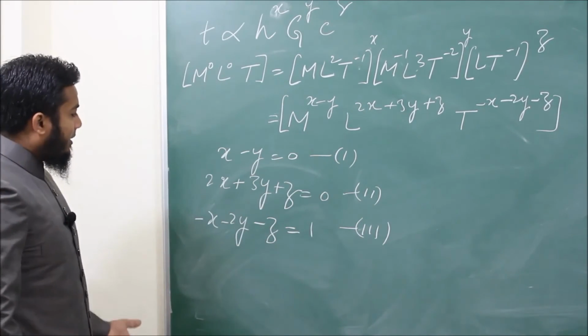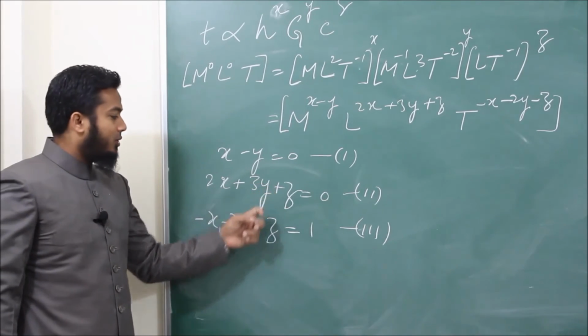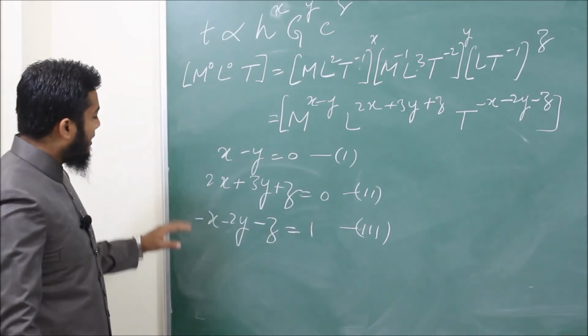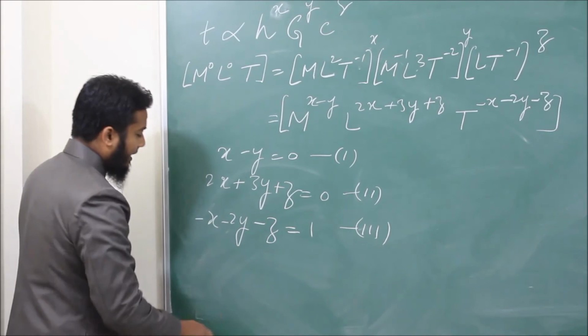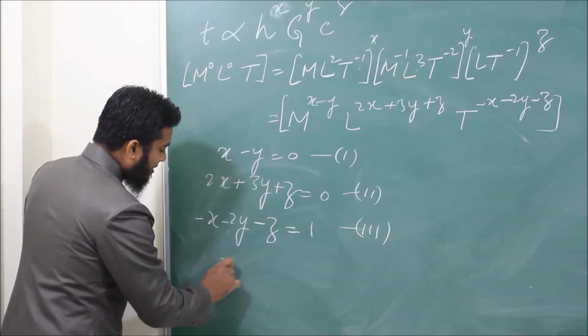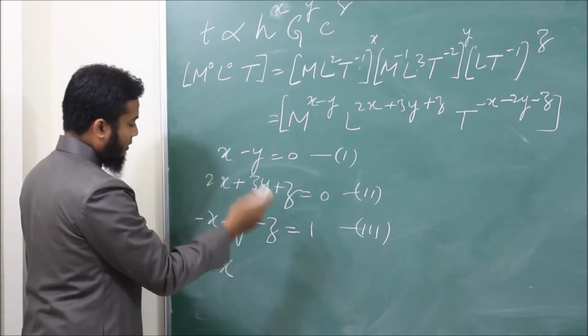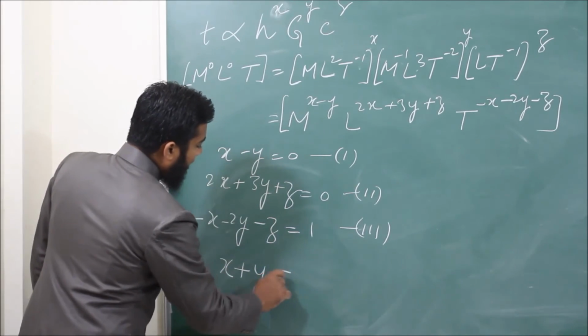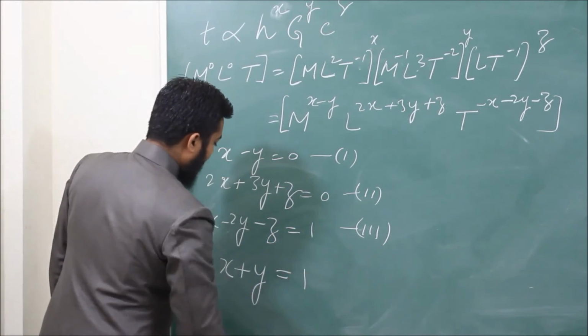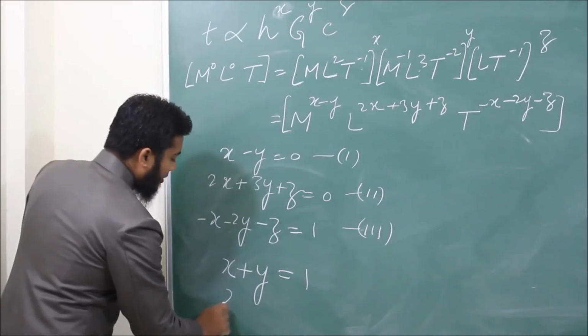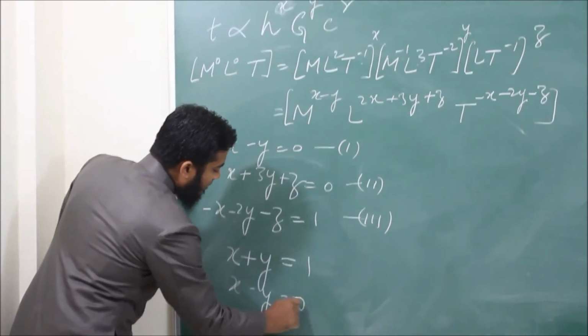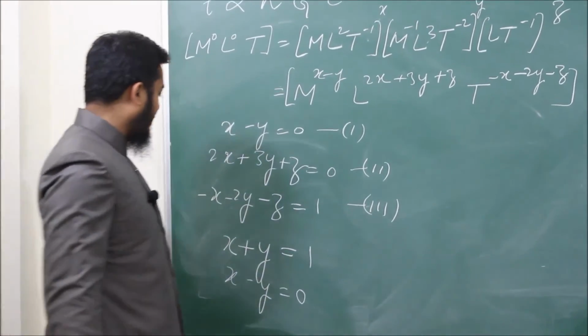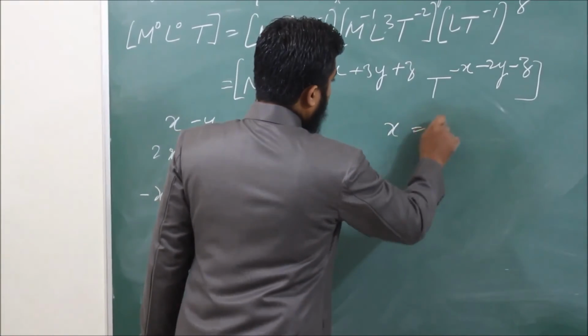Again, the same pattern appears. If you add equation 2 and equation 3, Z will be eliminated. So 2X minus X is just X, and 3Y minus 2Y is just Y, which is equal to 1. Now we have equation 1, X minus Y is equal to 0. From here you find the value of X as half.